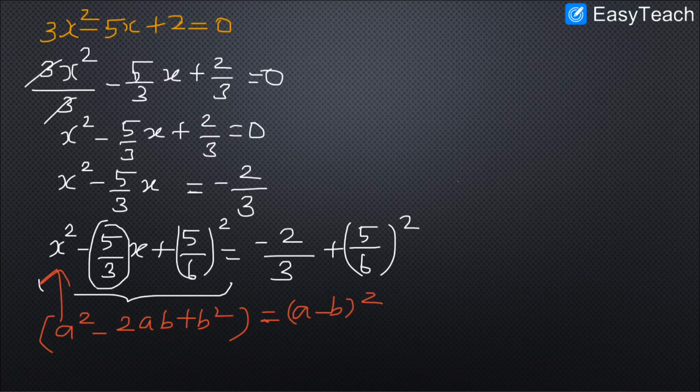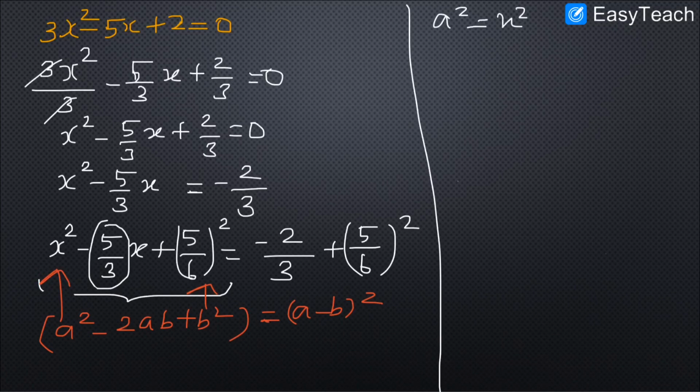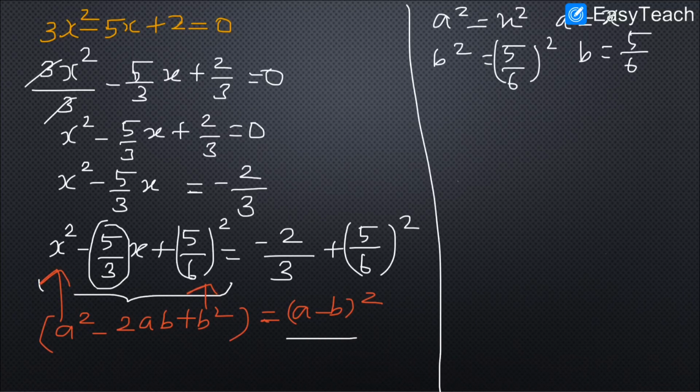So for a square we have x square, for b square equals 5 by 6 the whole square. Let's check 2ab. Definitely you will get 5 by 3 into x. Let's find the a and b values. So a square is x square, so a equals x. b square equals 5 by 6 the whole square, so b equals 5 by 6. Let's substitute in a minus b the whole square, so x minus 5 by 6 the whole square.